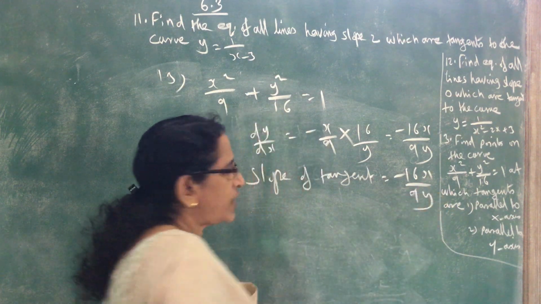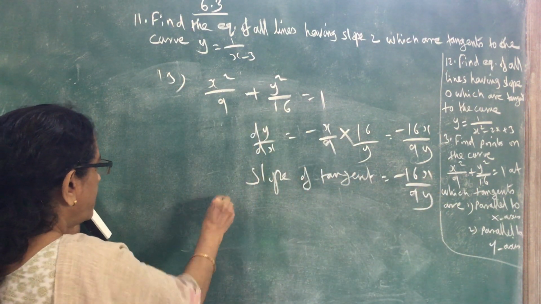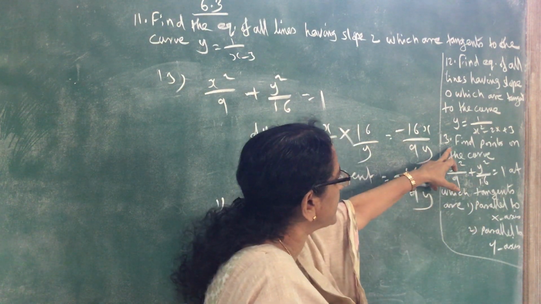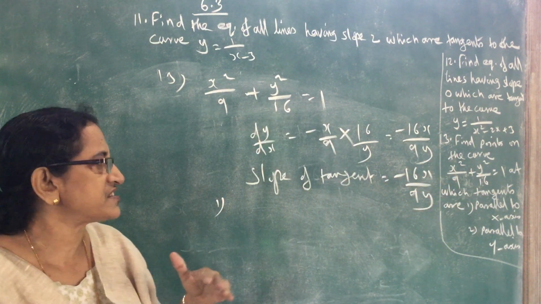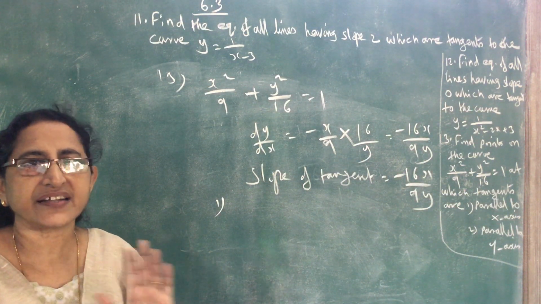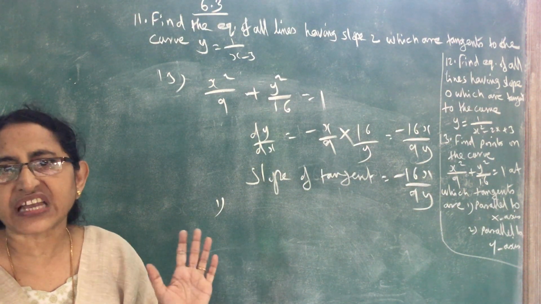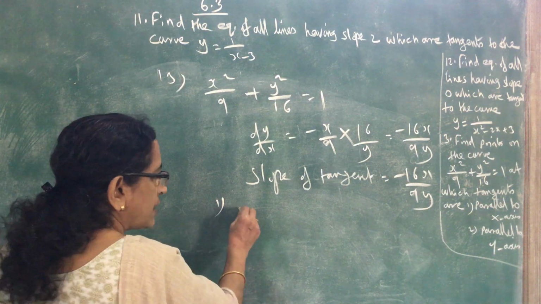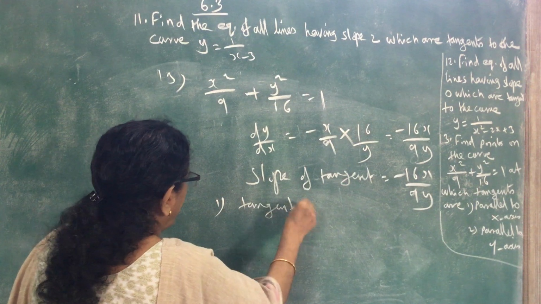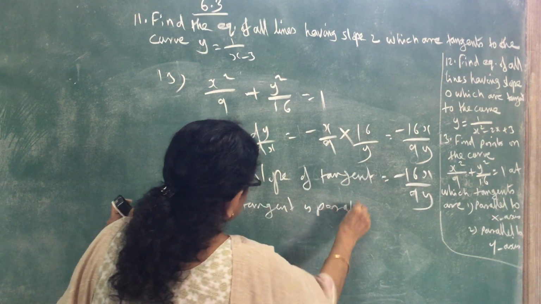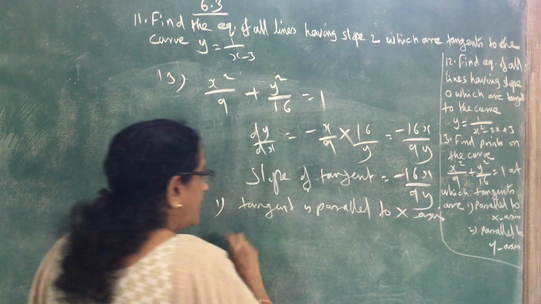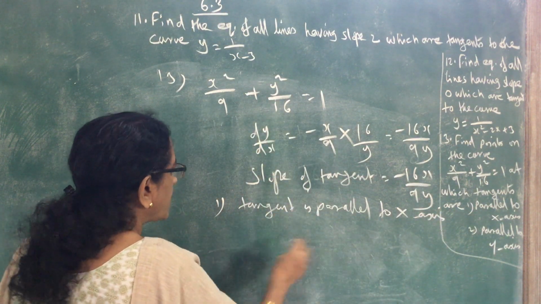So now we can consider the questions. First one, we have to find the point at which the tangent is parallel to the x-axis. If the tangent is parallel to the x-axis, the slope of the tangent is equal to 0.